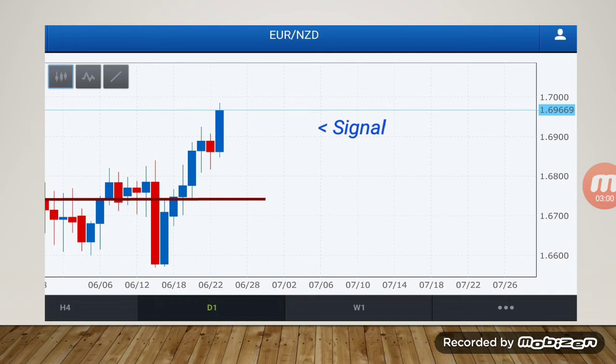And normally what I find is that once setups and signals are characterized by these fairly ordinary looking candles, there's normally a greater element of risk associated with trading them. So even though the market may initially respond to them, and in this case start the rally, what can take place is that the market can eventually reverse and take out signals because of the weakness of this initial setup.